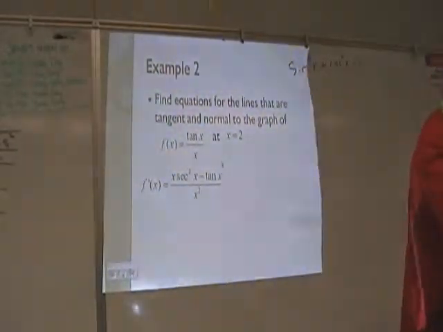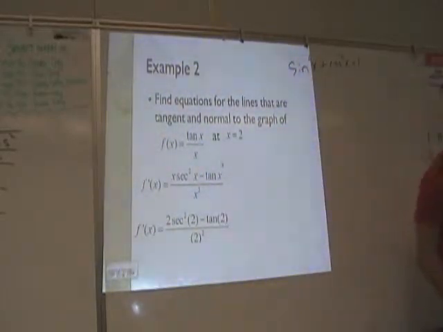So now we can plug in 2. And then this you would use your calculator for.